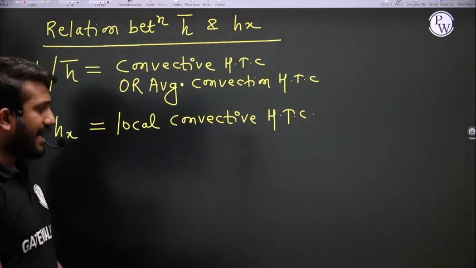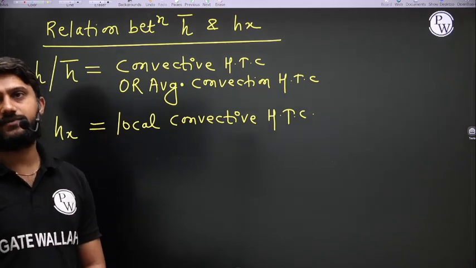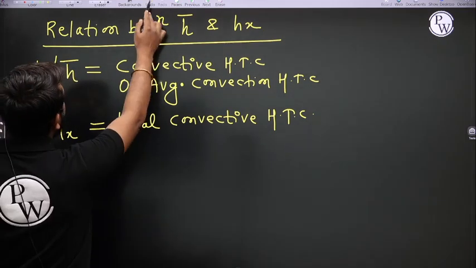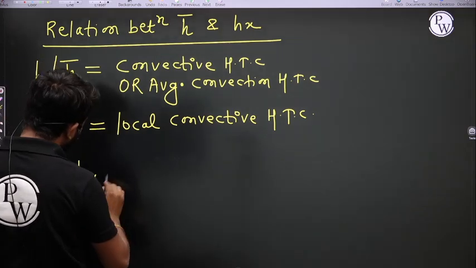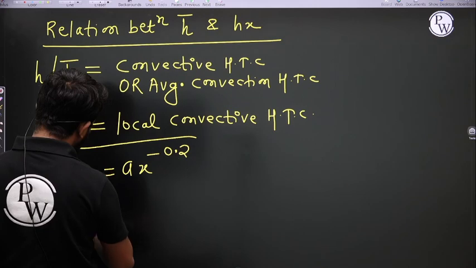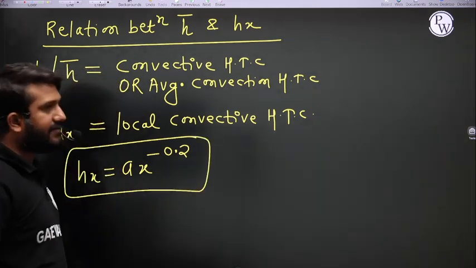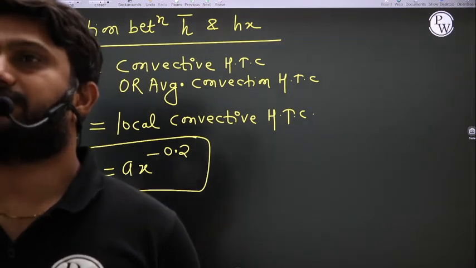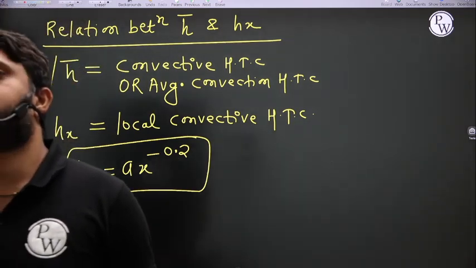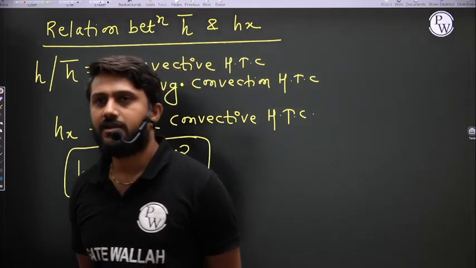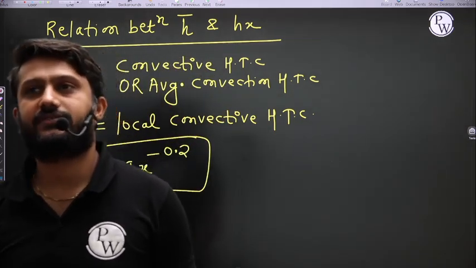So the question is, what is the relation between the hx and h bar? Let us assume in some problem hx is given like this. hx is changing with respect to x. If hx is given like this, then in the question it is asked to find the average convective heat transfer coefficient.